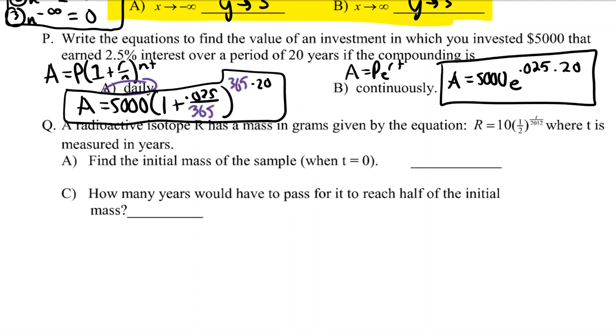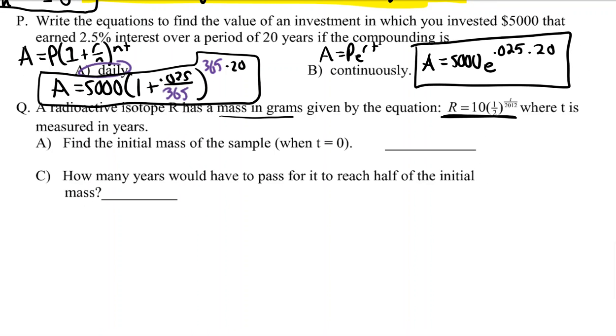All right, and then the last of the application questions that we will ask of you on the quizzes and the test in this unit, the half-life stuff. So we've got an isotope that has this much mass in grams represented there. And technically both answers are sitting there in the formula, but unless you just know that from chemistry or something, I'd rather you actually work it out.